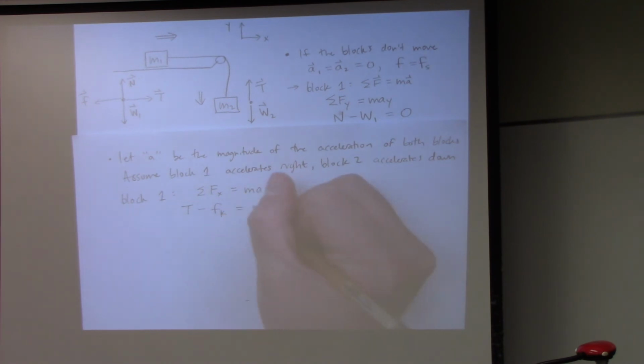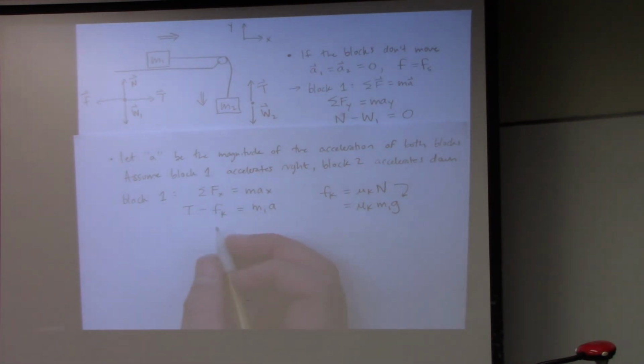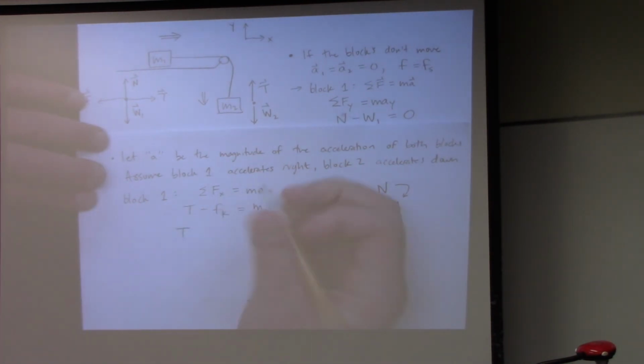And that equals m1 times A. Okay? So what can we do with this? Well, we can remember how kinetic friction works. It's equal to μk times n. And actually, we found earlier that the normal force is just going to be m1 times g. So I'm just going to make that substitution since we already figured that part out. And this is going to give us T minus μk m1 g equals m1 A.